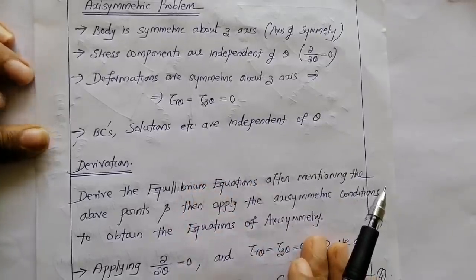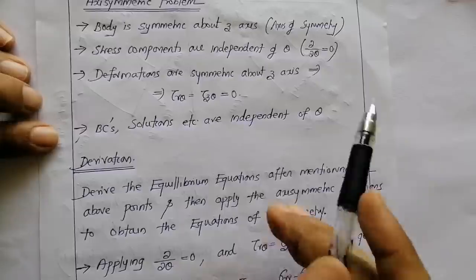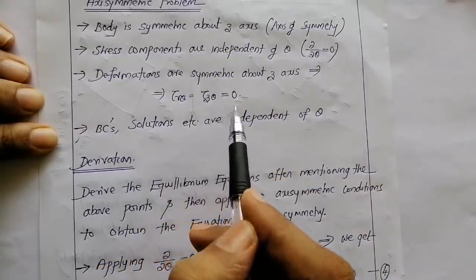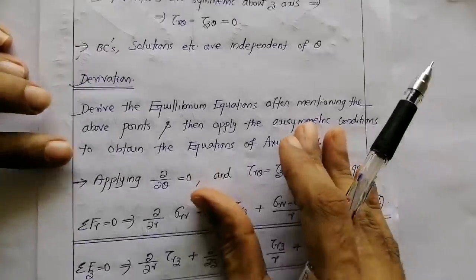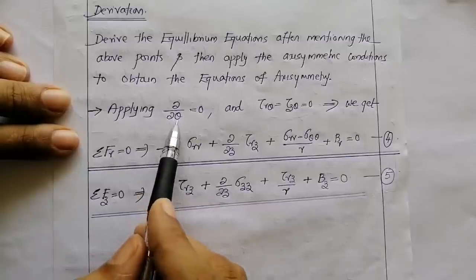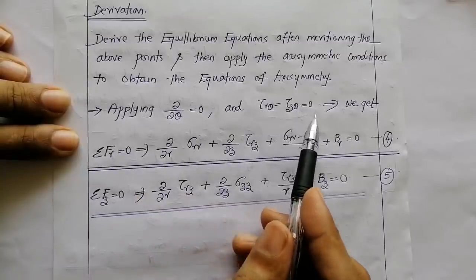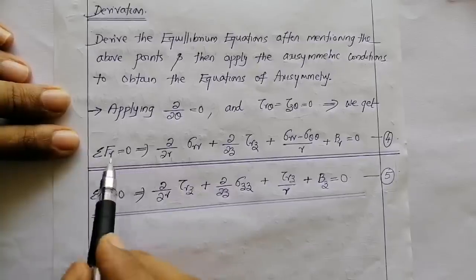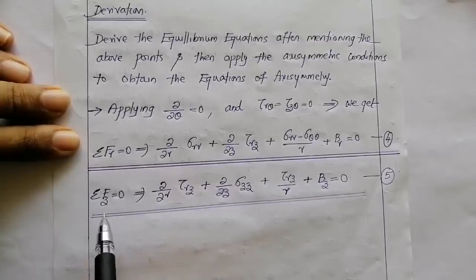So now let us apply these 2 conditions, that is ∂/∂θ = 0 and τ_rθ = τ_zθ = 0, in the equations of equilibrium. So for an axisymmetric problem, ∂/∂θ = 0, τ_rθ = τ_zθ = 0.